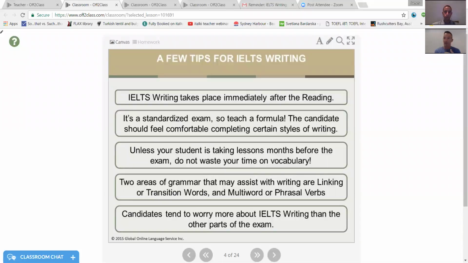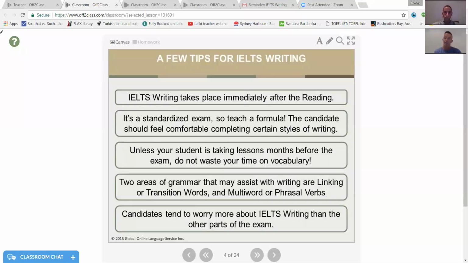Words like nonetheless, I mean, the simplest ones are and, but, for, yet. But we've got everything of despite, in spite of, although, even though. These words are very important in writing. They really are. And if the student can use them, it actually helps them to slow down a bit and gather their thoughts as they're going through the writing process.